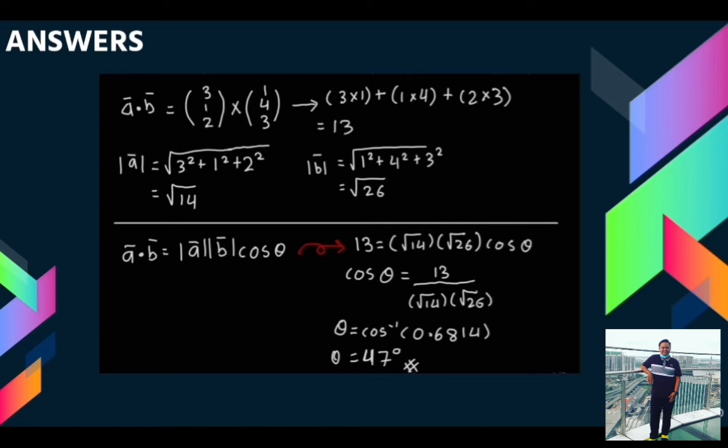Then cos theta is 13 over square root of 14 times square root of 26. So the answer for theta is 47 degrees.